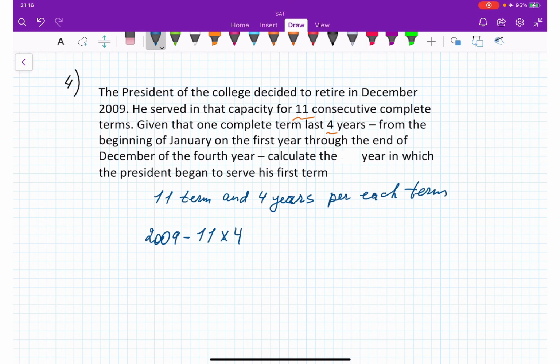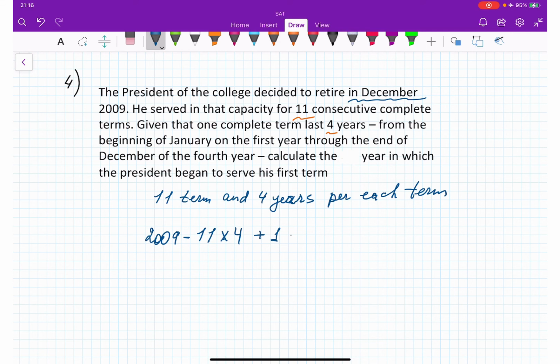And let's not forget, he's retiring in December 2009, so I have to add 1 because we haven't counted that 1 year of 2009.